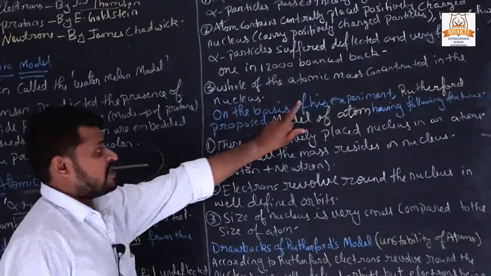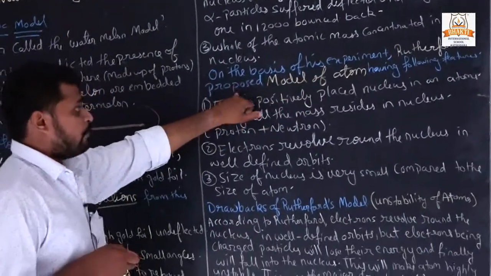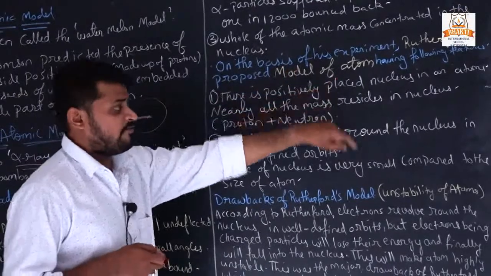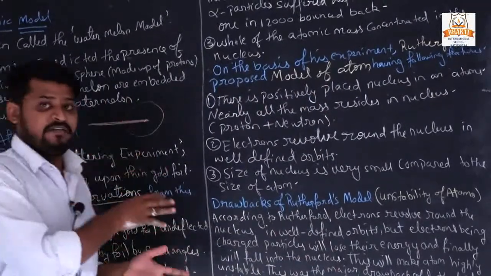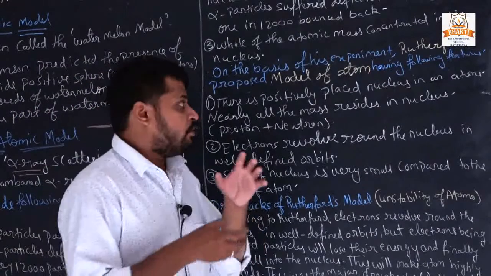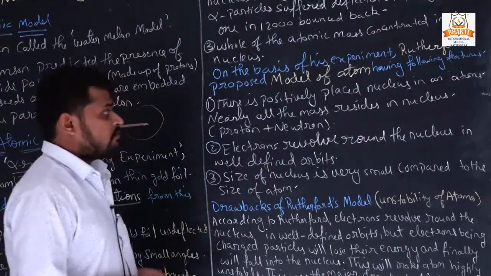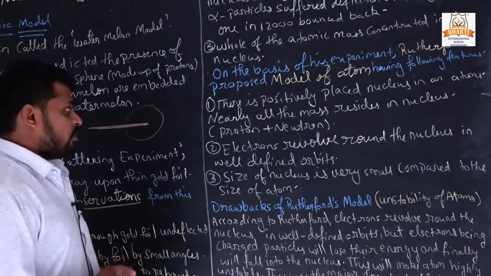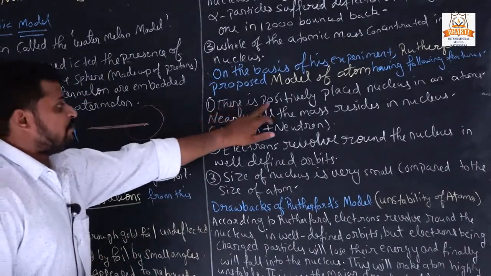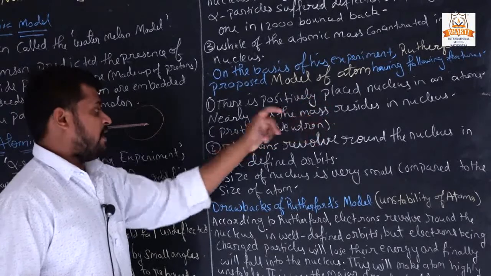On the basis of this experiment, Rutherford proposed a model of the atom having the following features. By the observations and conclusions, Rutherford gave us some features of the atom model. What were the features? There is a positively charged nucleus in an atom.